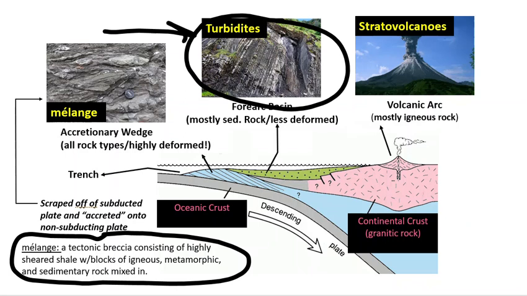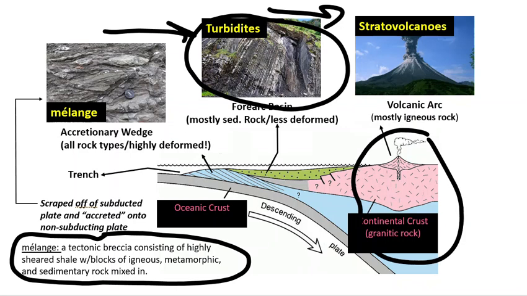And then as we continue to move inboard, we move into the continental volcanic arc. And this area is, of course, characterized mostly by igneous rock, extrusive igneous rock at the surface and intrusive igneous rock at depth.